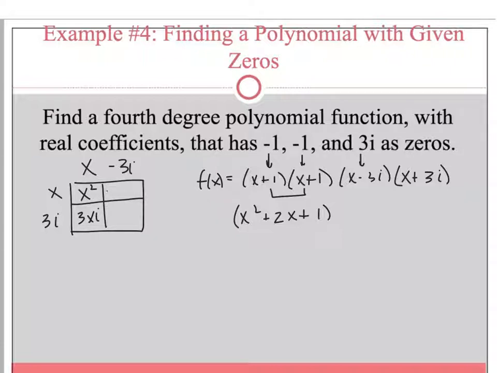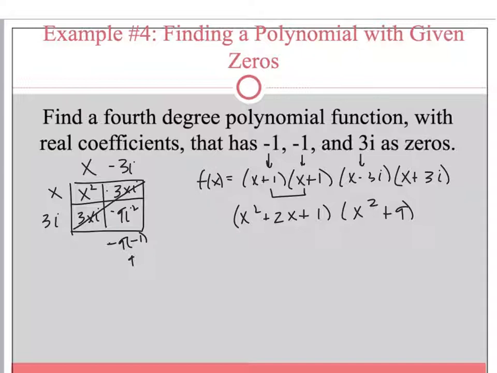X times negative 3i is negative 3xi. Negative 3 times positive 3 is negative 9i squared. Okay, the xi's will cancel. And for the negative 9i squared, understand that i squared is negative 1, so it's negative 9 times negative 1, which gives us positive 9. In the end, that box only equals x squared plus 9.